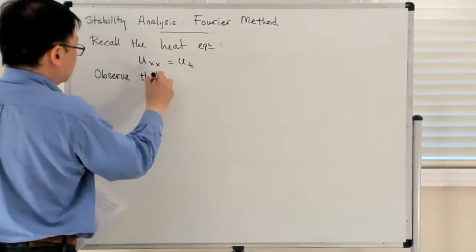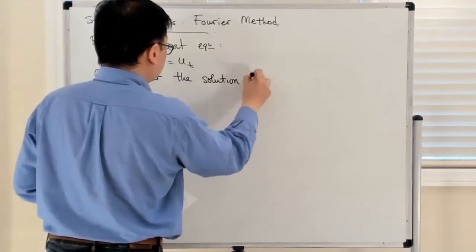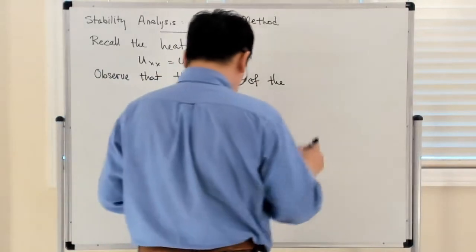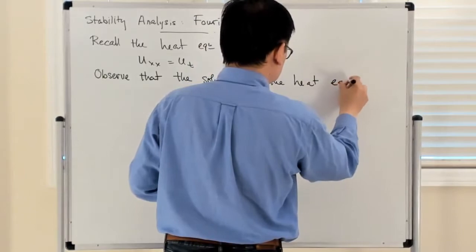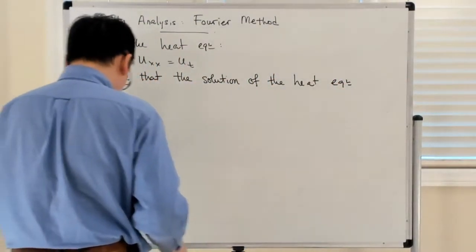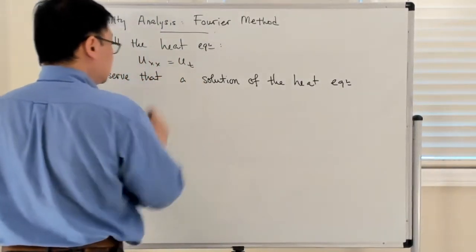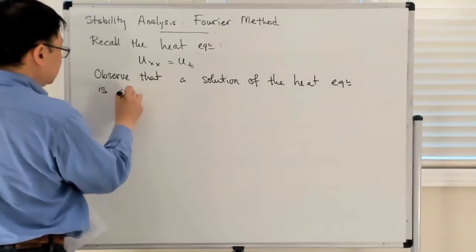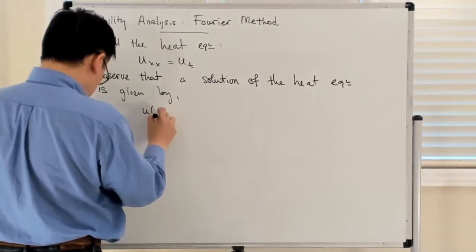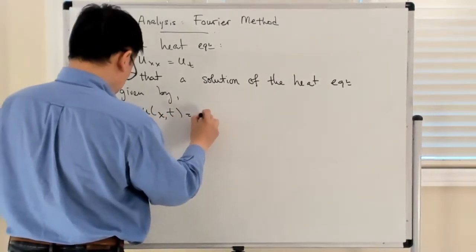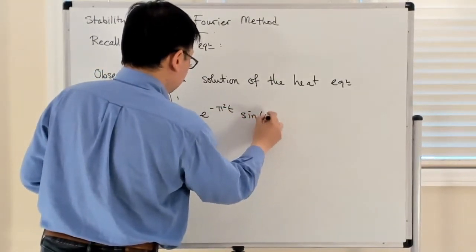Observe that a solution of the heat equation is given by the following: u(x,t) is equal to e to the minus pi squared t times sine pi x.